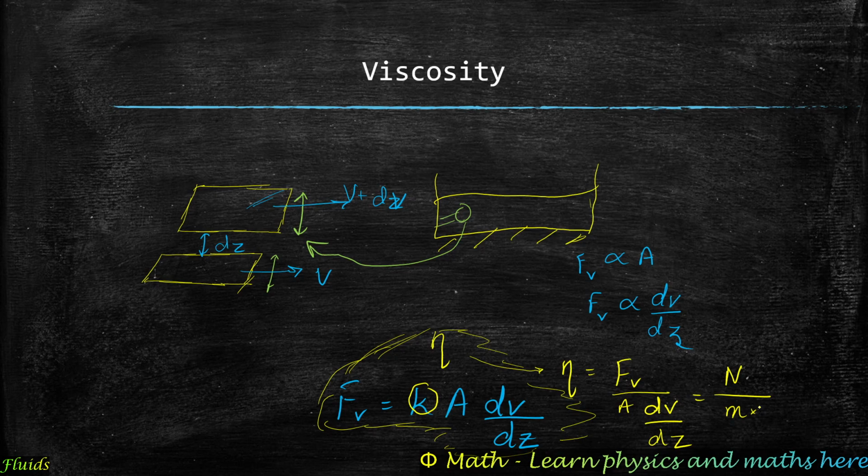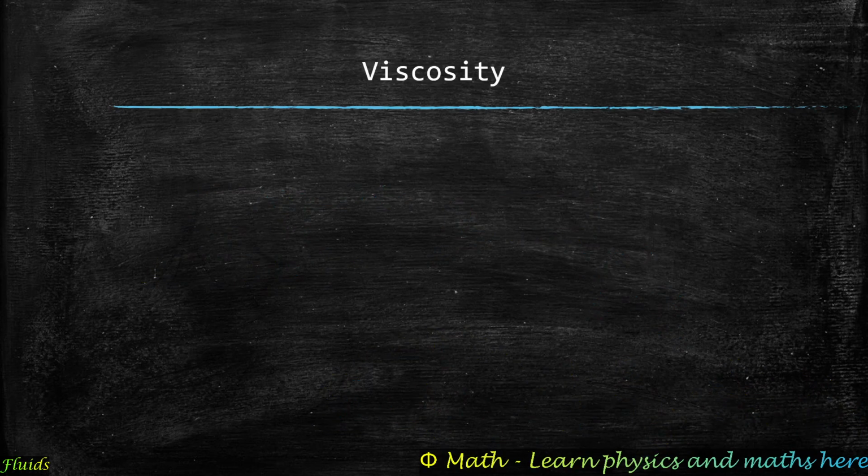Velocity is meter per second. So we can say this thing, Newton per meter square, is nothing but just pressure. So this is Pascal times second. And if we denote its dimensions, M L minus 1 T minus 1.